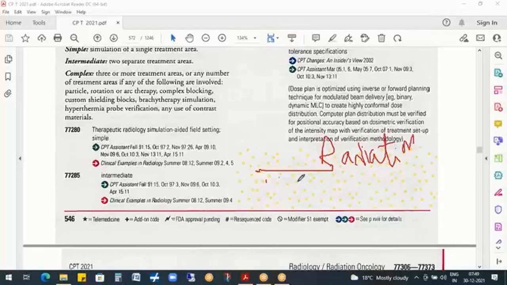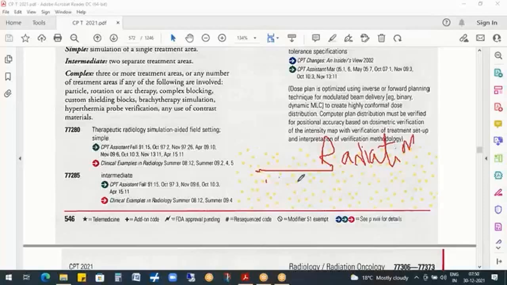One cycle equals a maximum of 7 treatments.